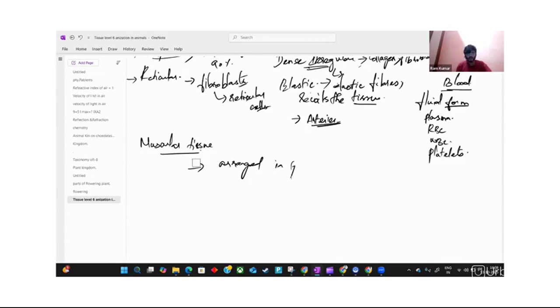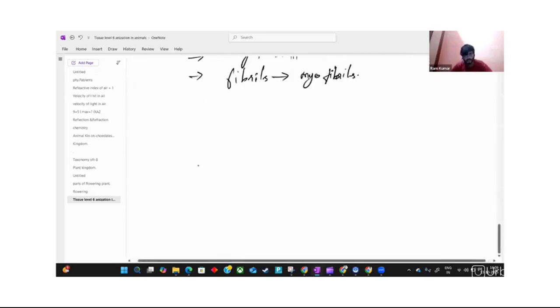These muscle fibers consist of fibrils called myofibrils.